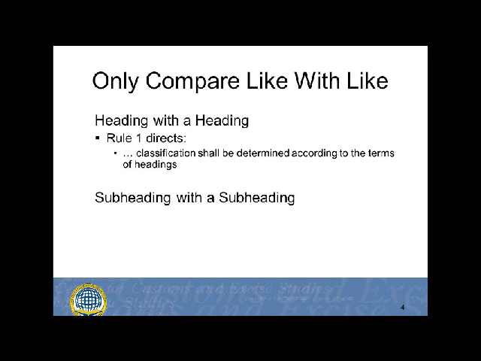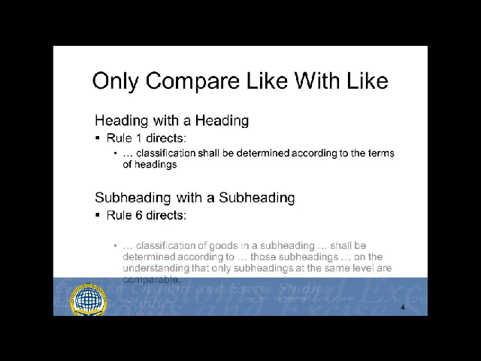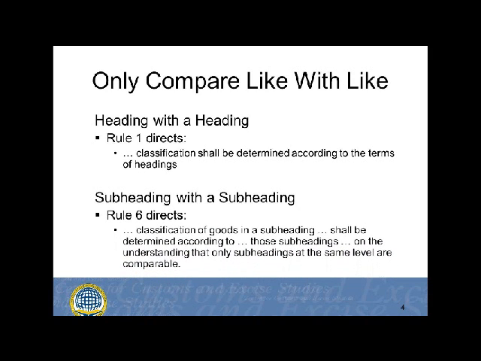In the same way, we can only compare a subheading with other subheadings. Why? Again, the answer is given to us by the interpretation rules, in this case Rule 6. Here the last words are important. They are, on the understanding that only subheadings at the same level are comparable.